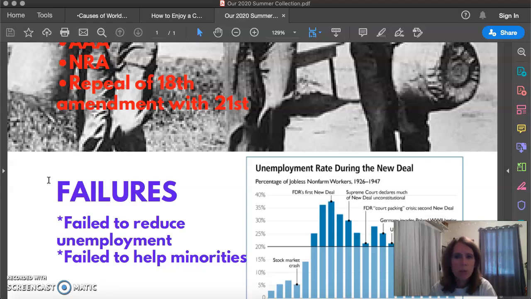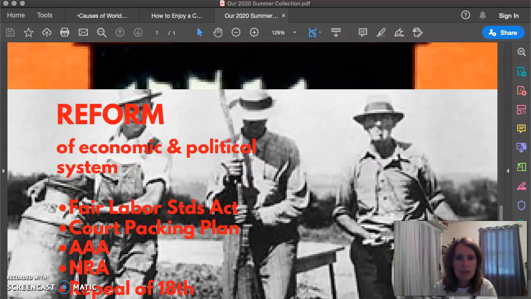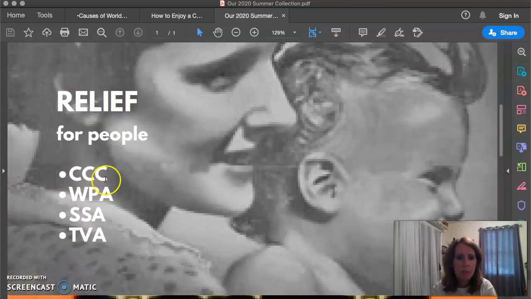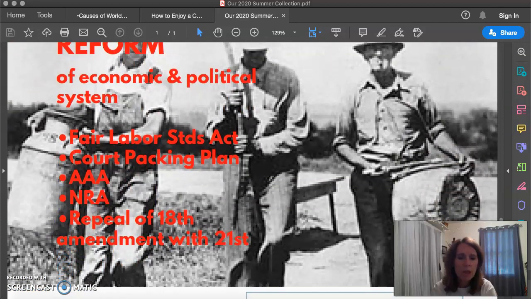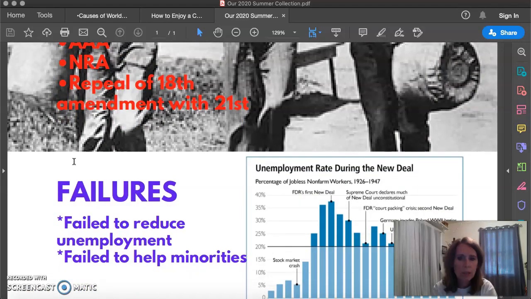It didn't reach out to women, didn't reach out to African Americans very much. The best example of this is the CCC, in which, if you're a woman or a married person, you're not going to work for the CCC. So, unfortunately, the New Deal didn't really succeed in reducing unemployment as much as people desired.